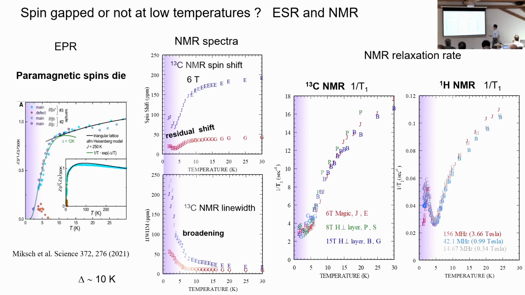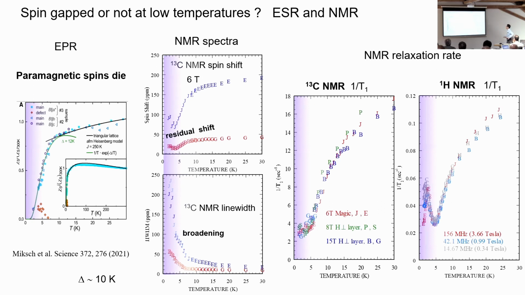In the carbon-13 NMR, the relaxation rate 1/T1 is decreasing, consistent with the shift and the ESR. But the proton NMR relaxation rate shows a very sharp peak below 6 kelvin. So some anomaly occurs in the proton NMR. Why the carbon-13 1/T1 and the proton 1/T1 are different, we have a similar scenario, but later I'd like to discuss that.